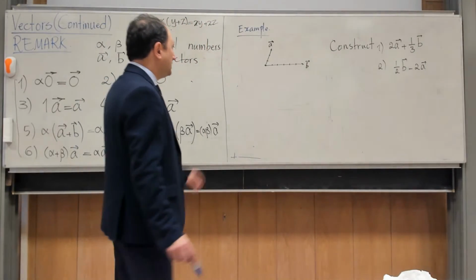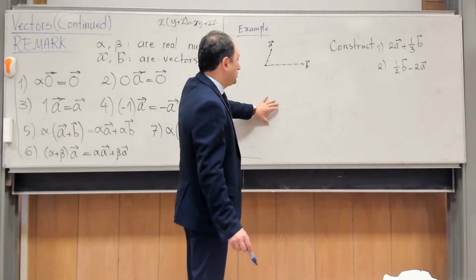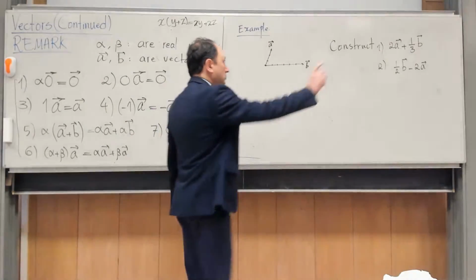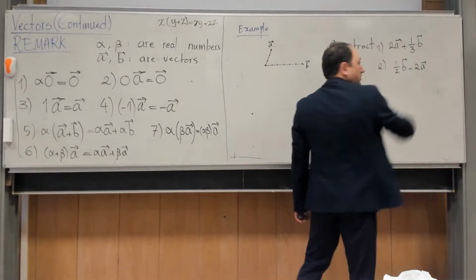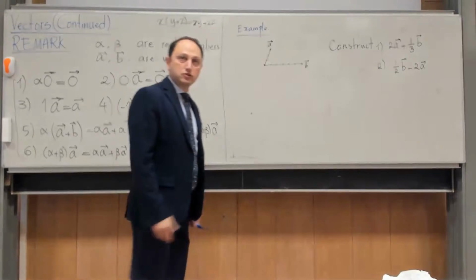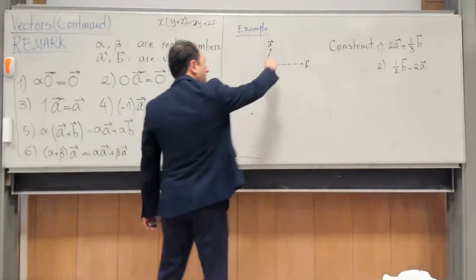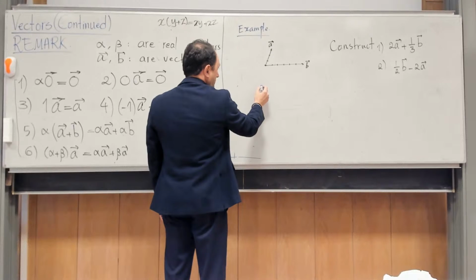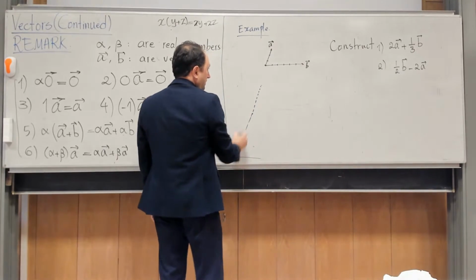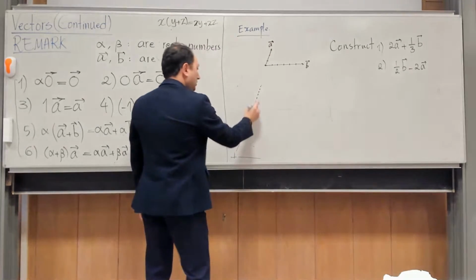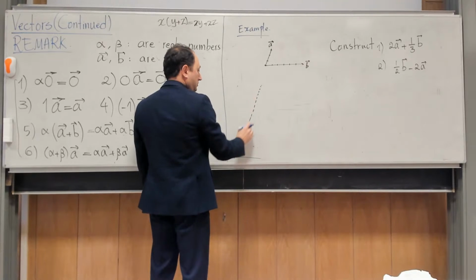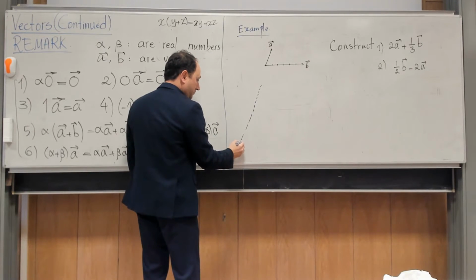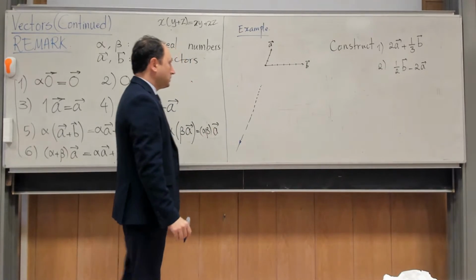If you don't mind, let me not mess up this picture. From here, any point you like. So I want to construct 2a. How should I construct it based on the lesson today? I need to draw a line parallel to that. So I will try to make it parallel. I have a lot of freedom with vectors. Let me start from here.